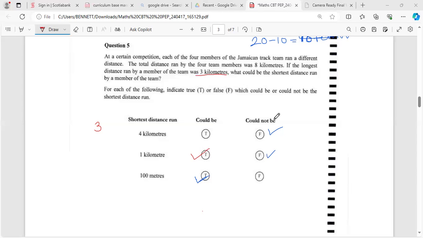Because your background is very noisy. Try go somewhere quiet. Why, Amelia? Sir, for 1 kilometer, I say it could be. Kalyan, what do you say? For 1 kilometer, I say it could not be. All right.